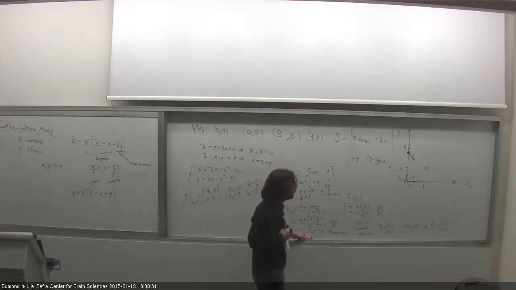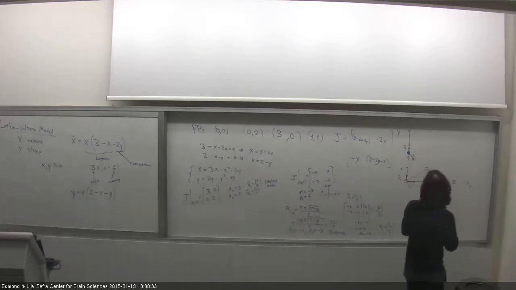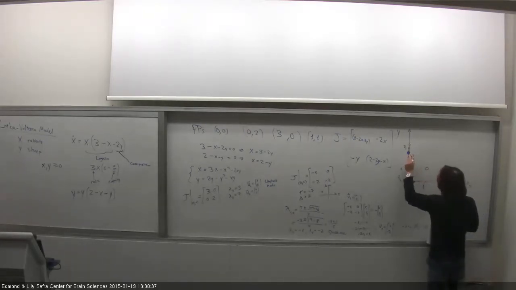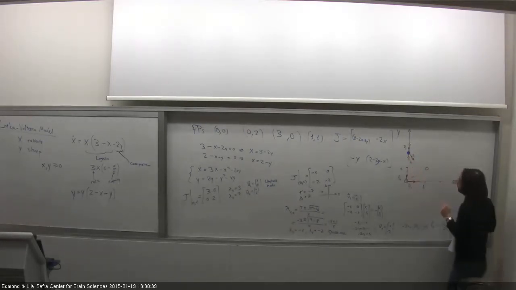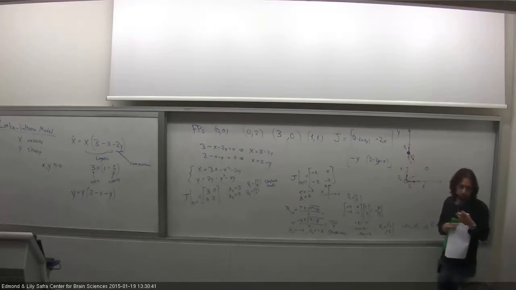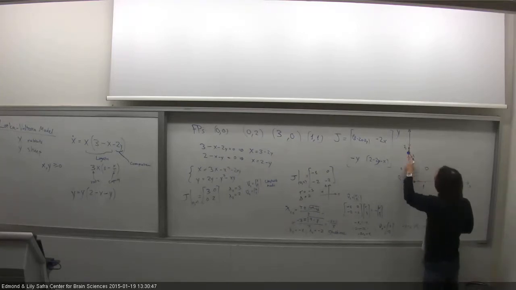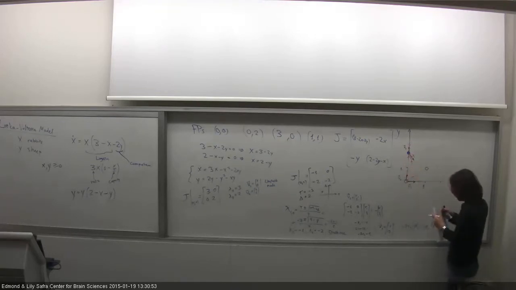Lambda 2 is the larger in absolute value. So it would look like this. Far away from the fixed point, things look more like V2.